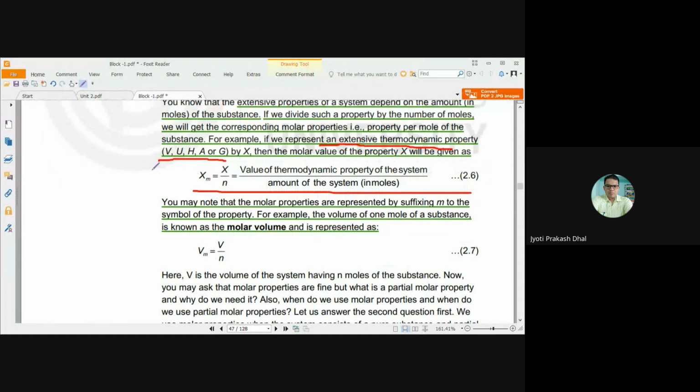So if we represent these extensive thermodynamic properties as X, then the molar property Xm equals X by N, that is, the value of the thermodynamic property of the system divided by the amount of the substance in moles.